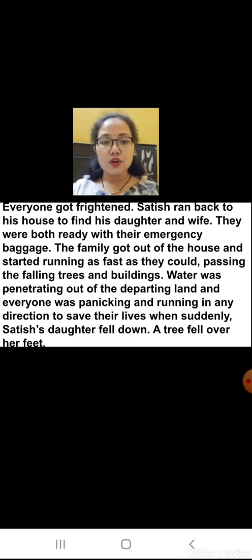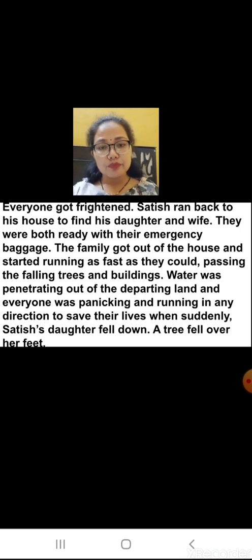The family got out of the house and started running as fast as they could, passing the falling trees and buildings. Water was penetrating out of the departing land, and everyone was panicking and running in any direction to save their lives.